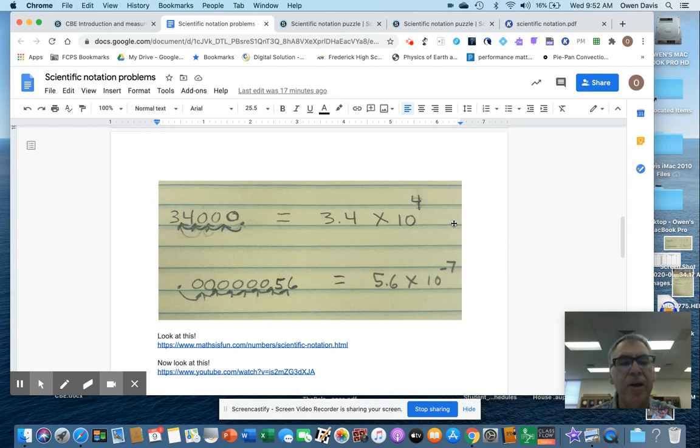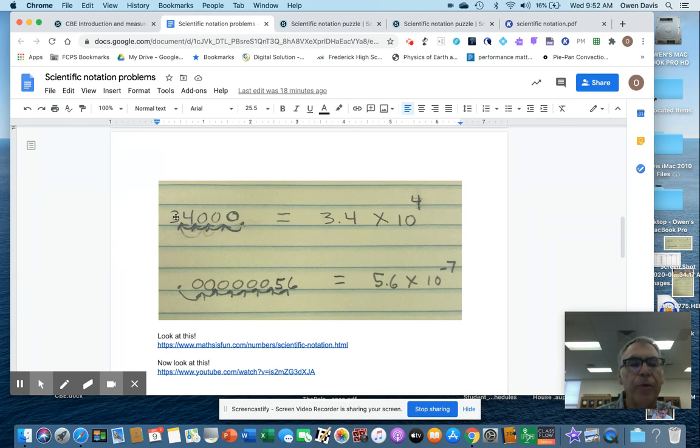If you have a number like 34,000, here's a decimal point, right? What you're going to do is find a number between 1 and 10, and it usually looks like 3.4 or 5.6. You're going to move the decimal place so you have a whole number before the decimal point.